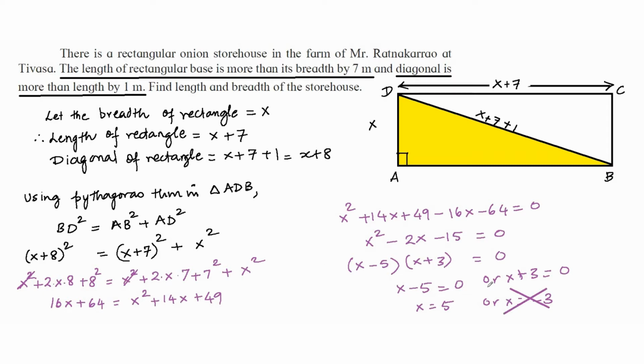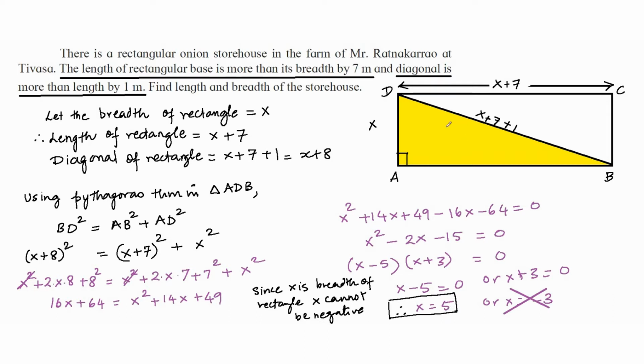So I can write the justification as, since x is the breadth of the rectangle, x cannot be negative, and therefore we can say that x is equal to 5.